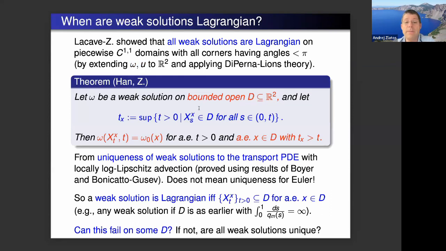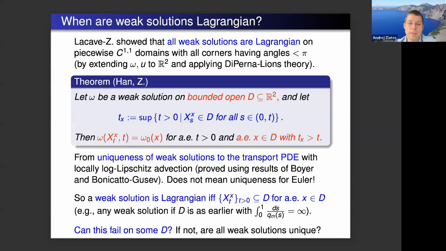In fact, we got more. Even if the particle trajectories can hit the boundary, the vorticity is always transported by the velocity until the point the particle trajectory hits the boundary. So that means if you take T_x to be the time where the particle trajectory leaves the domain, then at any time t, you take all the points x such that T_x is greater than t, all the points still remaining in the domain, and the vorticity at those points almost everywhere is equal to the vorticity at the original points of those trajectories at time 0.